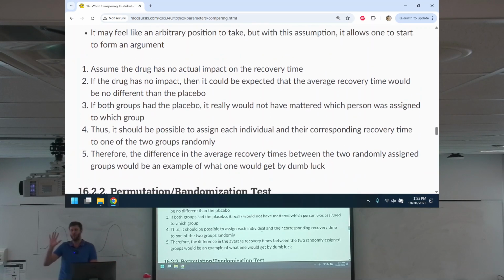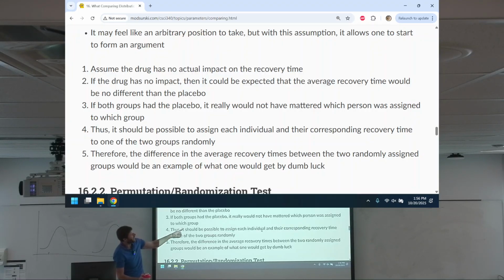These five points are magical. Listen very carefully and understand what I'm saying. In the context of the drug trial, we're going to assume the drug has no impact on recovery time. That's the null hypothesis. If the drug had no impact, then it could be expected that the average recovery time would be no different between the placebo group and the drug group.